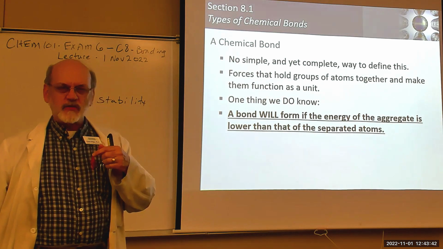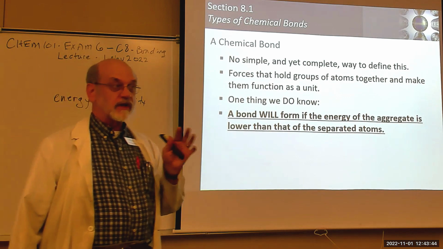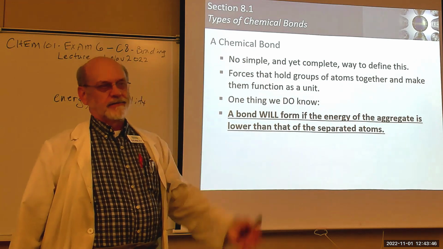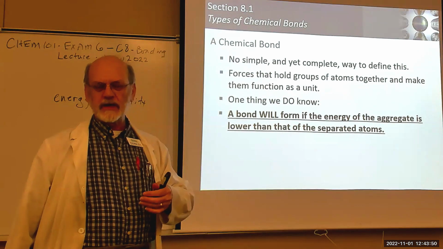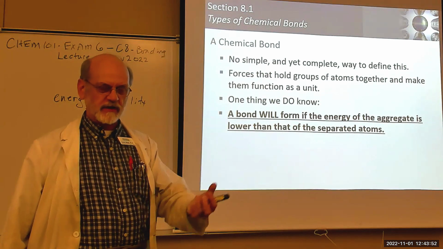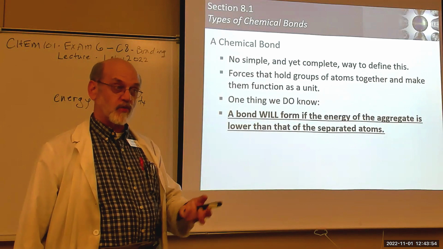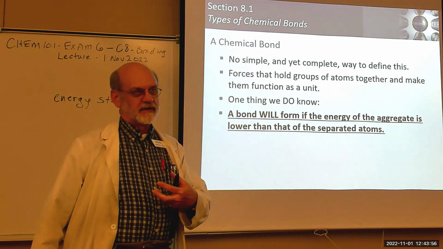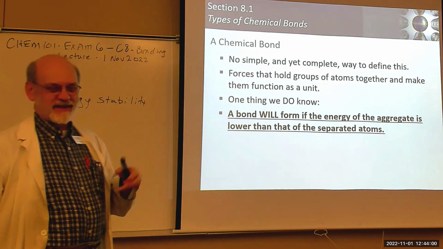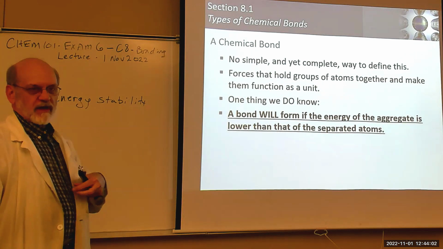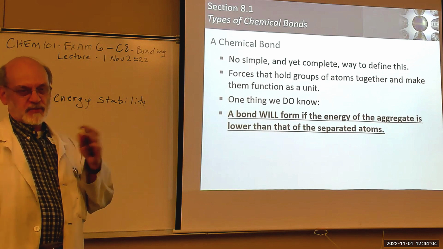Now, the natural inclination for someone who's really curious is to say, well, then why do we even form explosives? How can you store energy in an explosive if it's supposed to be more stable than the products? I hope I'll address that eventually. It's a localized minimum, let's put it that way.